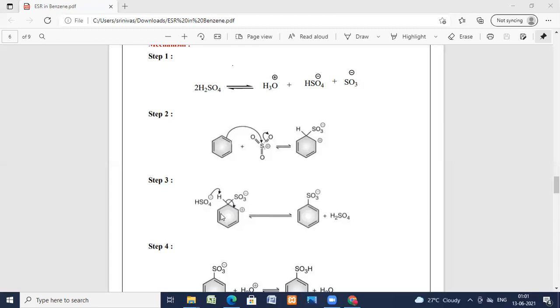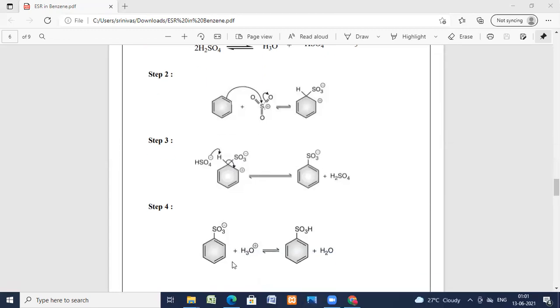In benzene you can see the double bond is formed again, along with sulfur trioxide. This sulfur trioxide on reaction with H3O+ gives benzene sulfonic acid plus water. This is the way sulfonation takes place.